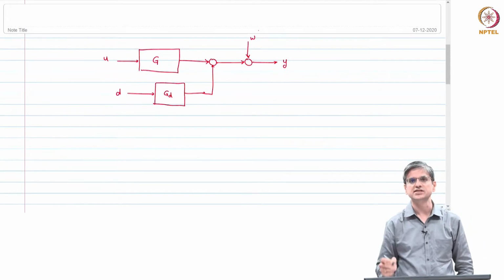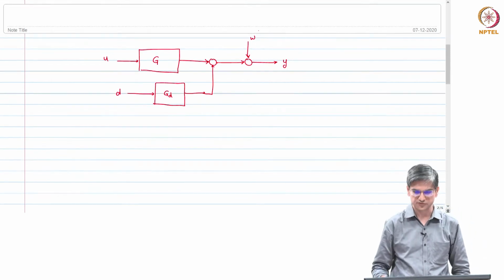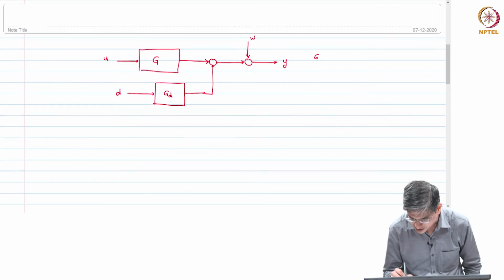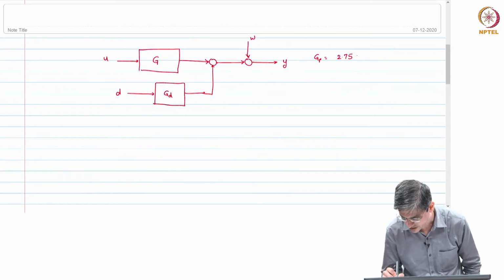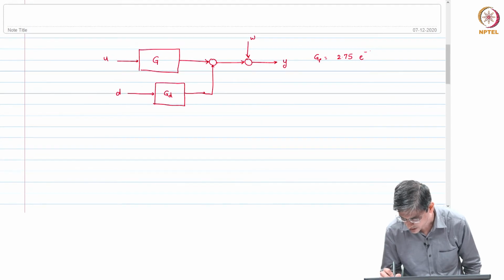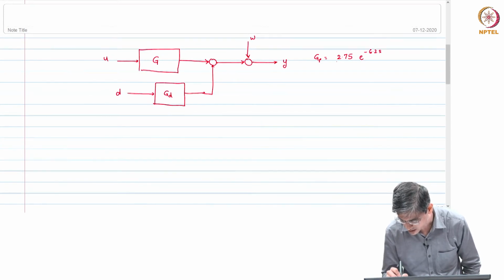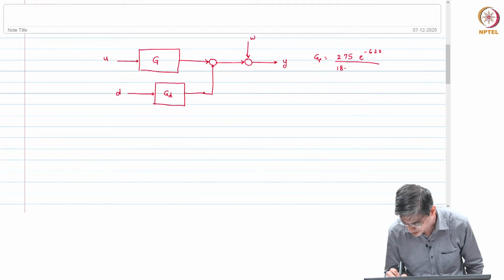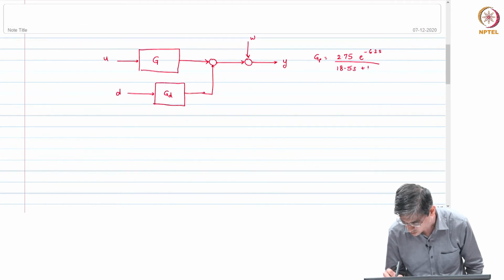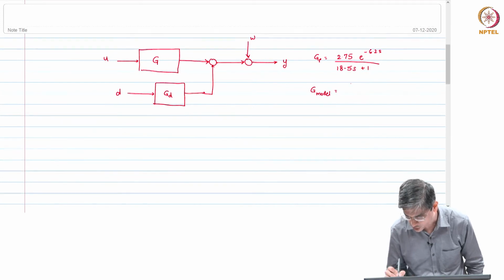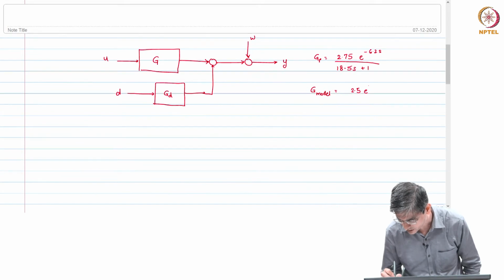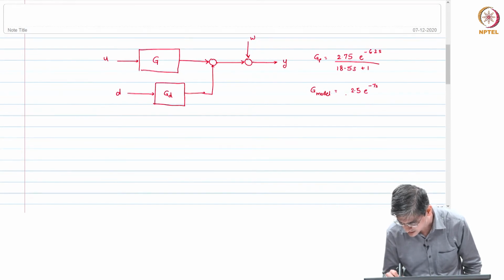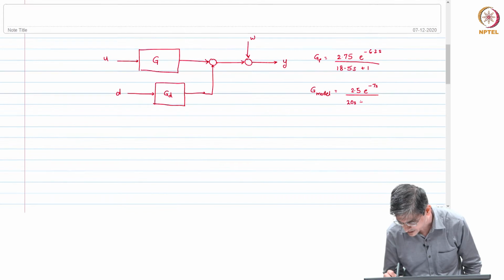The G plant was given to you as 2.75 e to the power minus 6.2 s divided by 18.5 s plus 1, whereas G model that was assumed for MPC, if I remember correctly, was something of the form e to the power minus 7s divided by 20s plus 1.